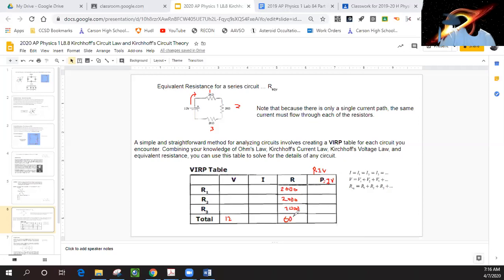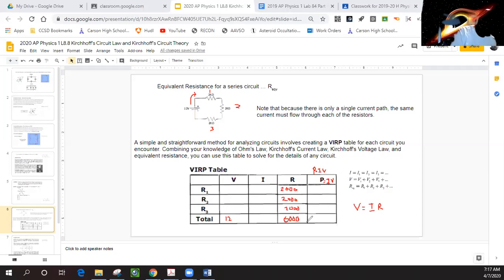We also need to use Ohm's law, V equals IR. No information yet about current, but we might be able to get it using Ohm's law. Here's 12 volts, here's 6,000 ohms, so we can solve for current by taking 12 volts and dividing it by 6,000 ohms.